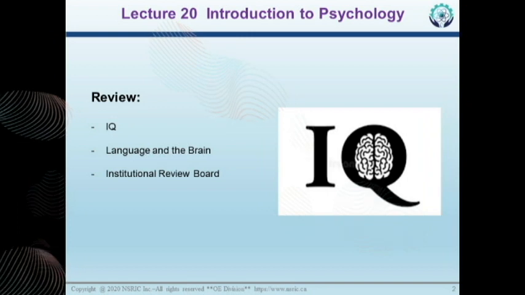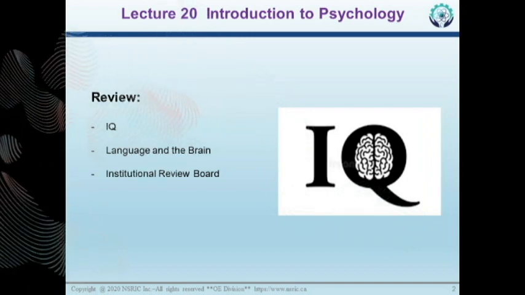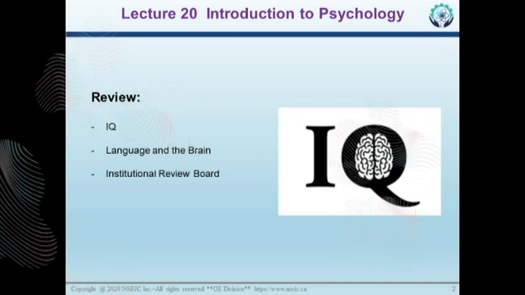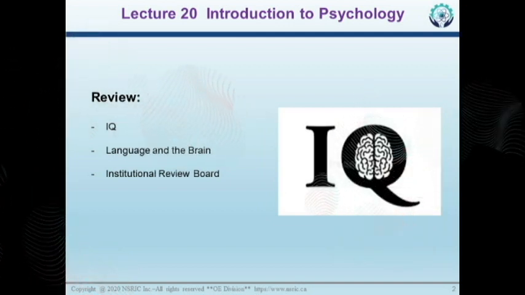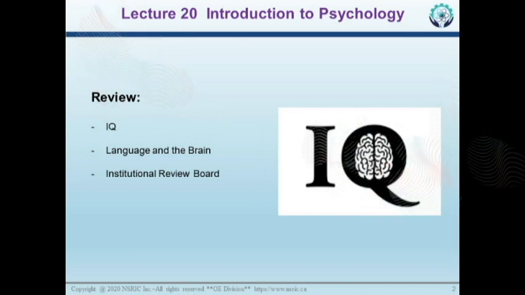And so in order for research to be carried out in a university setting that involves human participants or animals, there needs to be ethical approval from the IRB.